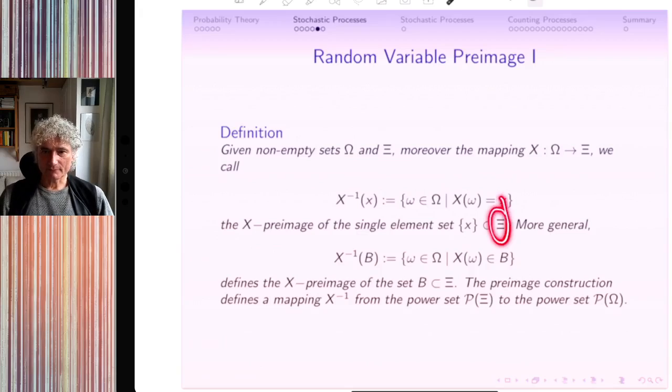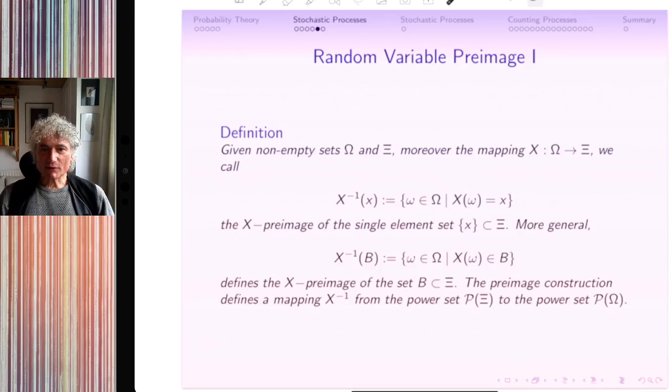More general, the pre-image of a whole subset of the sampling space omega. So we look here at all omega in omega such that the outcome of the random variable is exactly in the subset B of Xi.